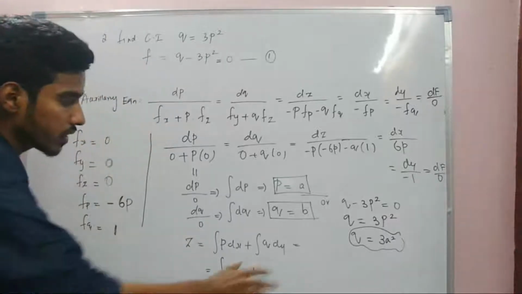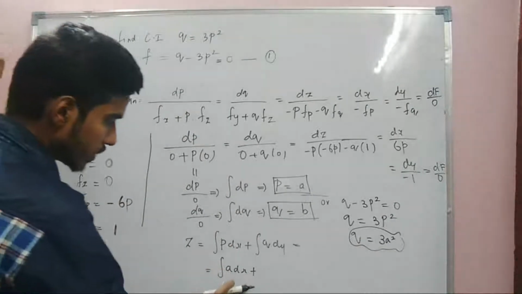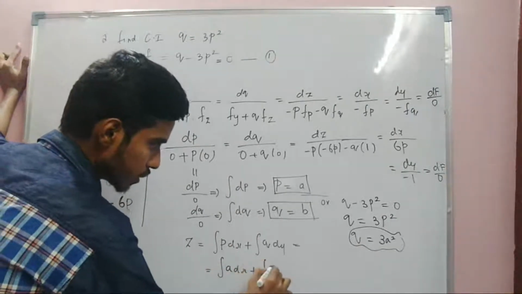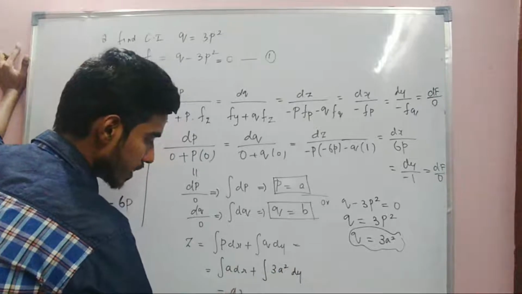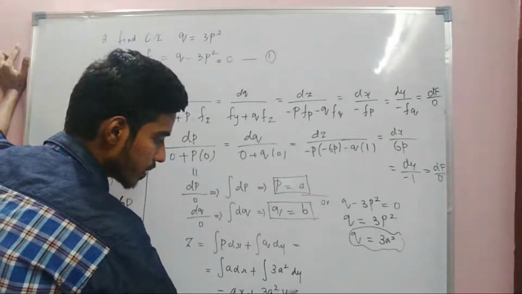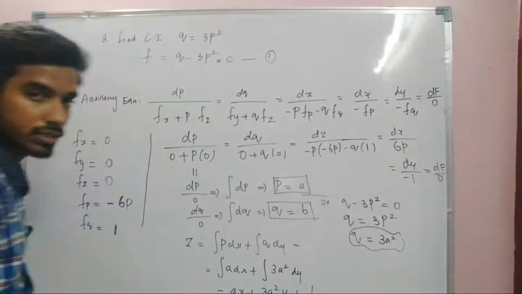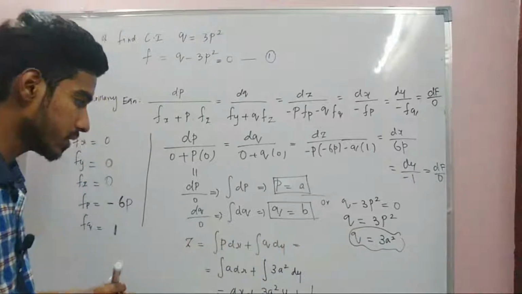Now we can either substitute q equal to 3a square or a, right? If I substitute q equal to 3a square, so 3a square dy, this will be ax plus 3a square y plus some integration constant b, right? Or else you can also substitute q to be equal to b.